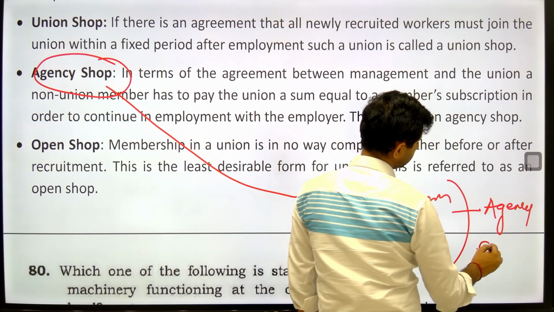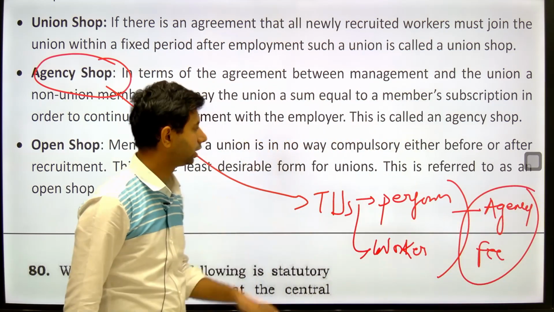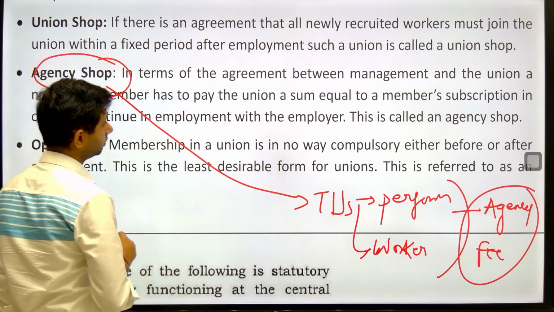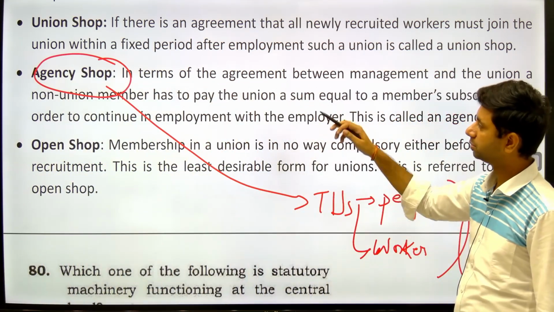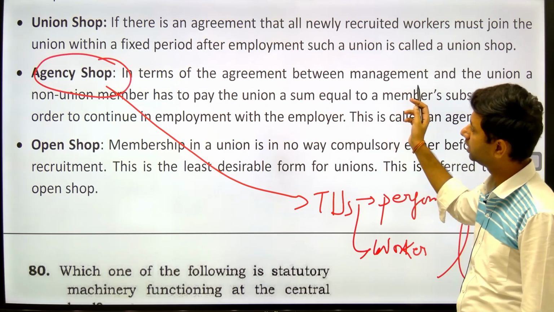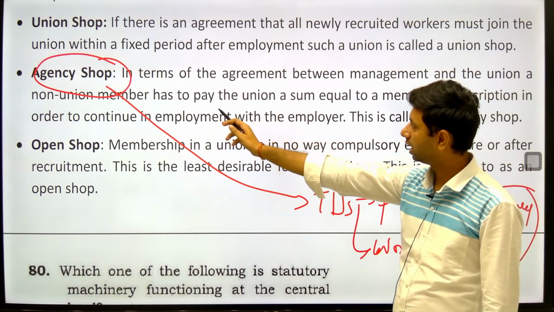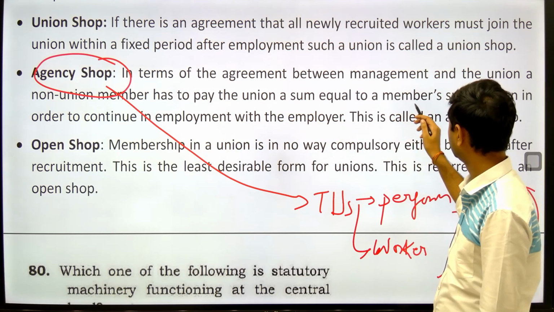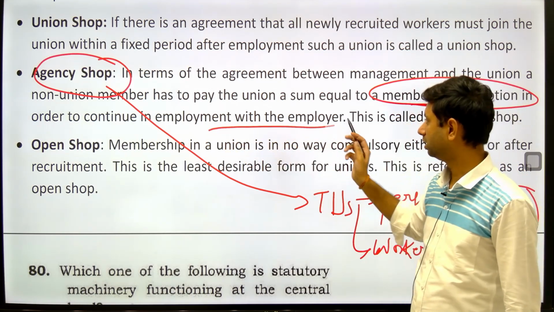All those people who do not join the trade unions have to pay an agency fee, and such an arrangement is known as agency shop. In terms of the trade agreement between management and union, a non-union member has to pay the union a sum equal to a member's subscription in order to continue employment with the employer.